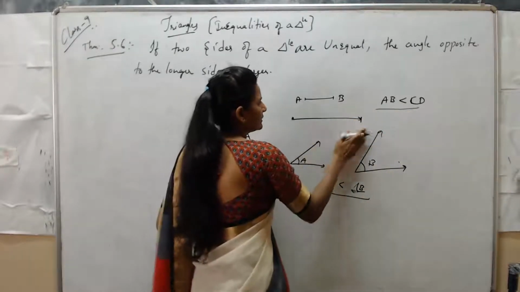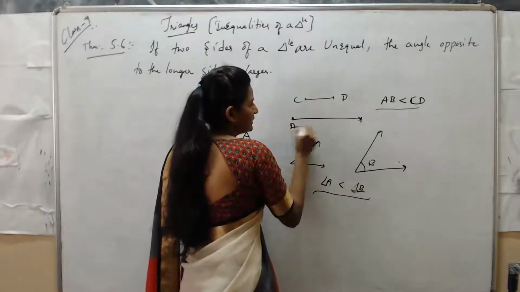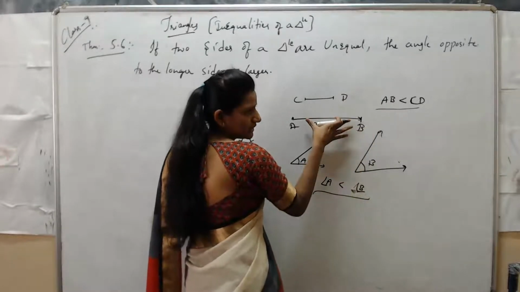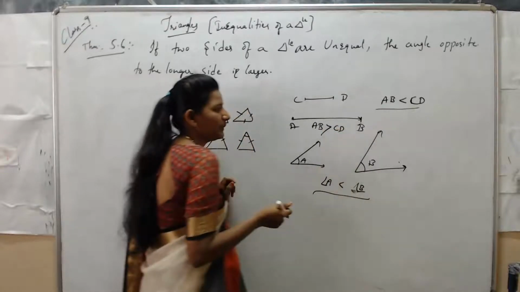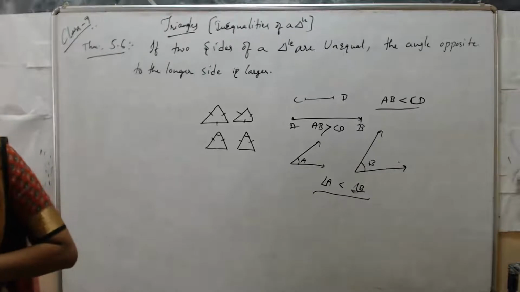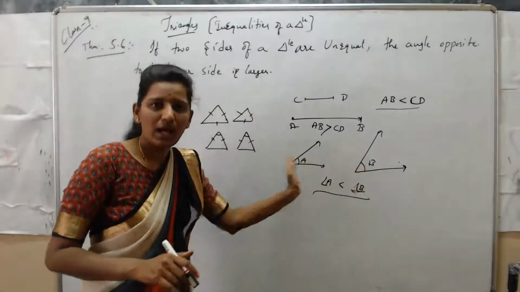If I change the AB and CD values, this becomes AB, which is the longer side here, greater than CD. This is called unequal sides and unequal angles.